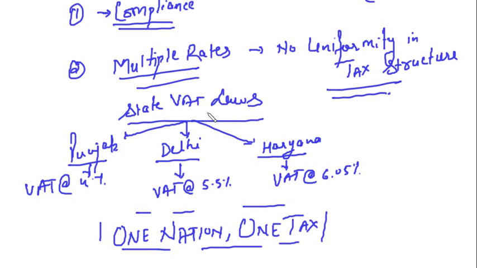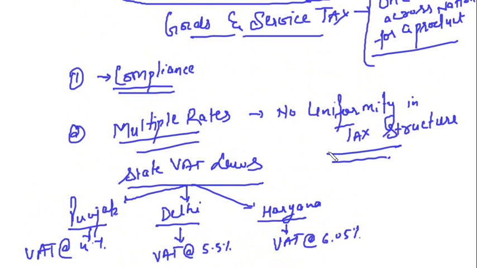For a single product, if you buy in Punjab, you will be taxed at a different rate than in Delhi. So there was no uniformity, and because of that, they thought of bringing a single tax that is known as goods and service tax.